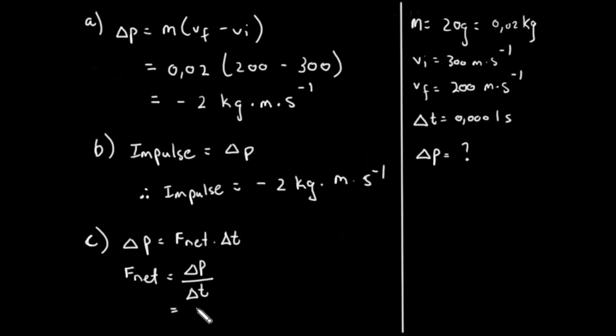We know that it was 2 all over 0.0001. We take the positive value and we get the net force to be equal to 20,000 newtons. And there we go.